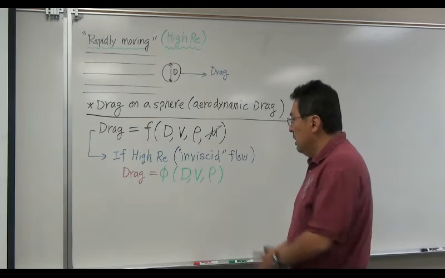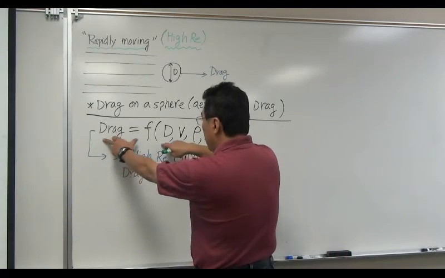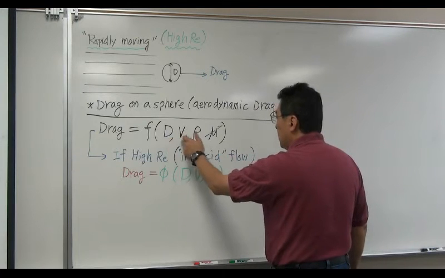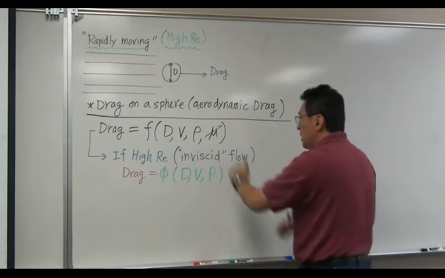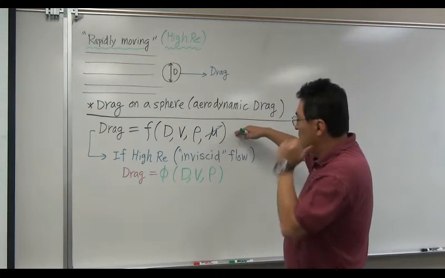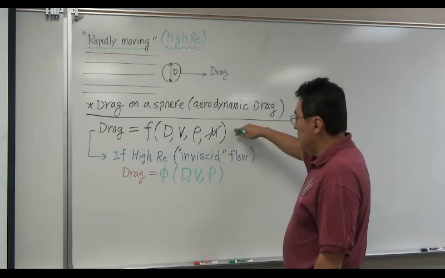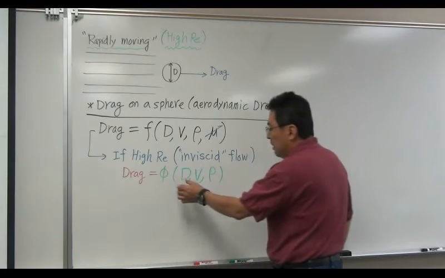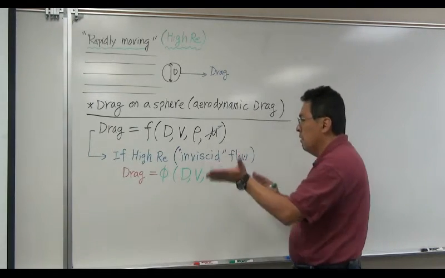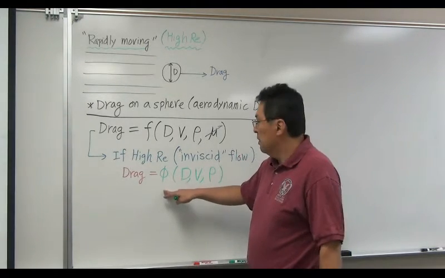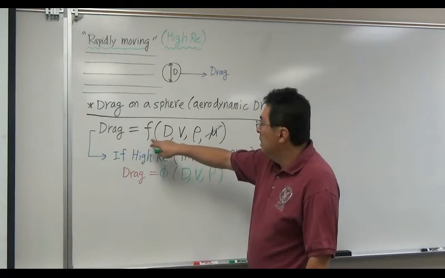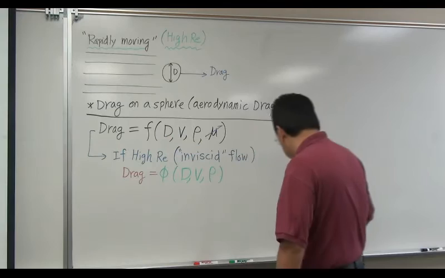Okay? So this is the functional relationship between drag and diameter, velocity, density, viscosity for low Reynolds number flows. This is the functional relationship between drag, diameter, velocity, density for high Reynolds number cases. So obviously it's not going to be the same functional relationship. That's why I'm just changing F into phi.